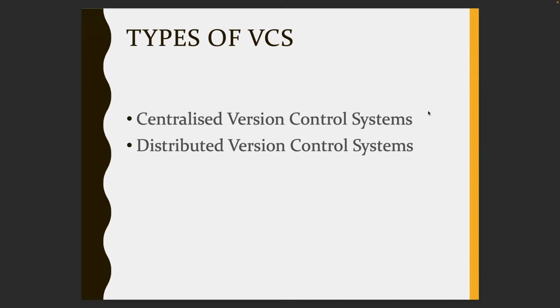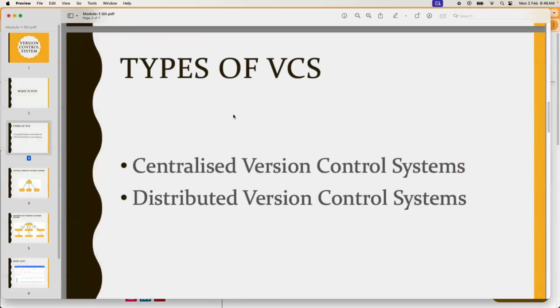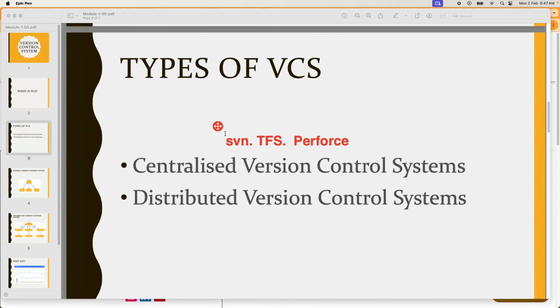So, centralized version control system. Like I told you, based on architecture, they were categorized. Examples are SVN, TFS, Perforce; all of these come under centralized version control systems. Distributed: Git is one of the examples of distributed architecture.